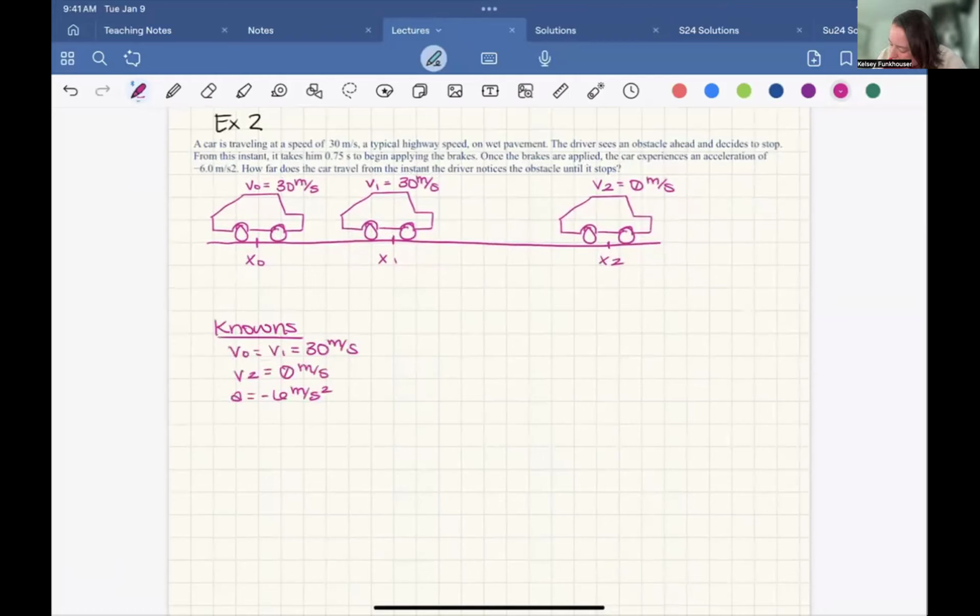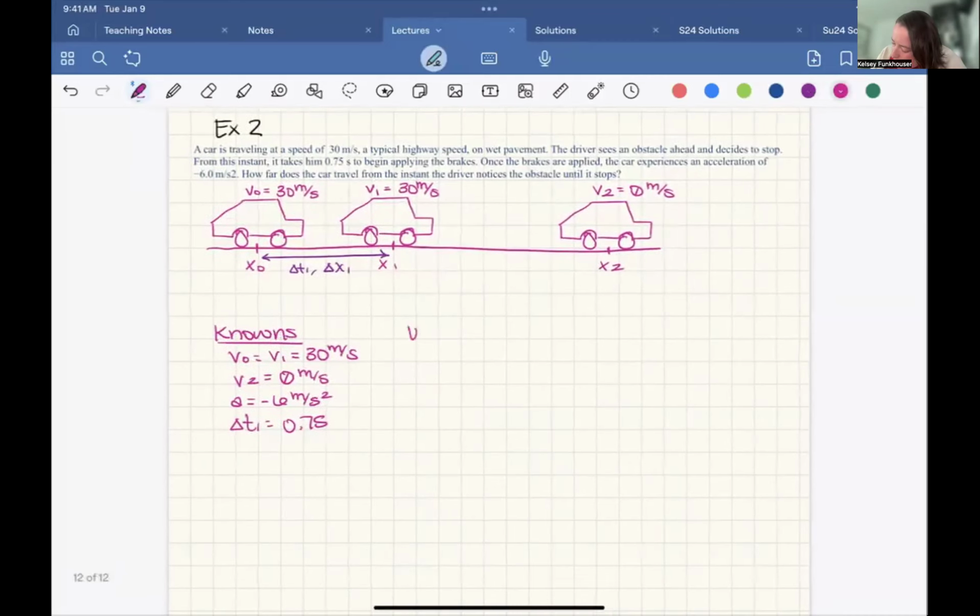Then we have time interval 1, and let's do some color coordinating, also displacement 1. I think that's actually all of our knowns.